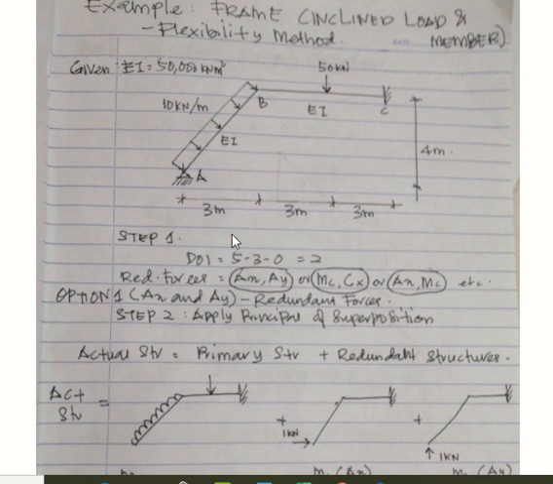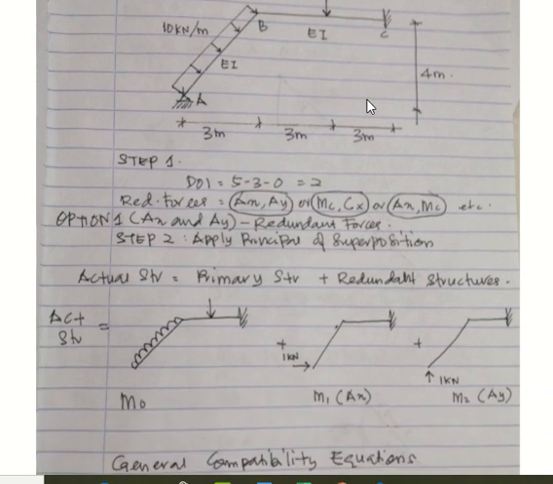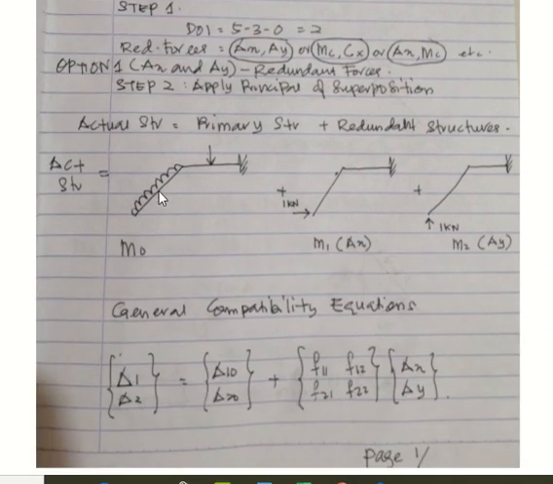Clearly by inspection, when you refer to the actual structure, they have one cutting for member AB, another cutting from B to the load 50 kilonewton, and the other cutting for 50 kilonewton to the C. It means you have 3 cuttings. So those 3 cuttings must appear on the primary structure and redundant structures. Cutting number 1, cutting number 2, cutting number 3.